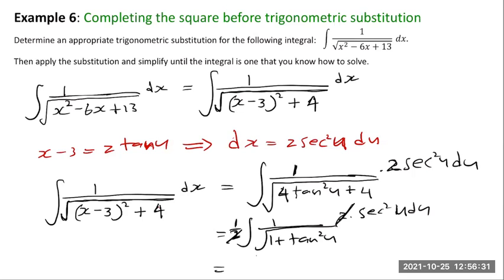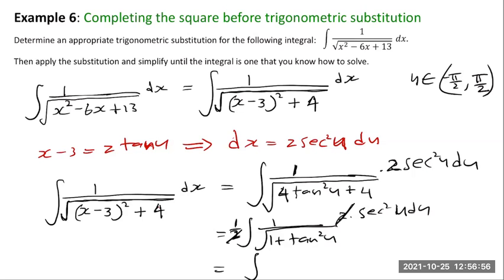Then you get integration. What is this one? Square root of 1 plus tan squared u. Remember, 1 plus tan squared u is secant squared u. What is the square root of secant squared u? It is just secant u, because your u is between minus pi over 2 and pi over 2 in the case of tan substitution. Your secant u has to be positive.